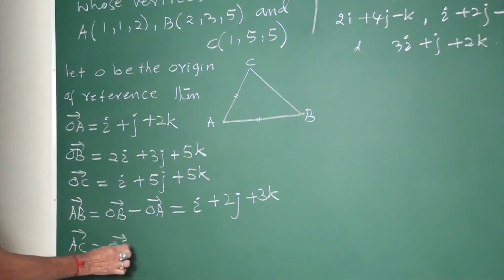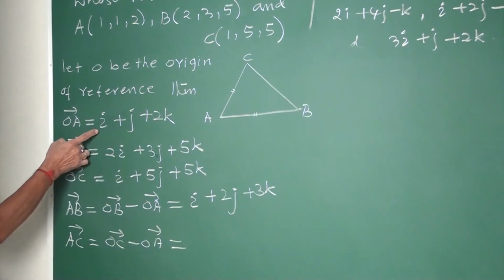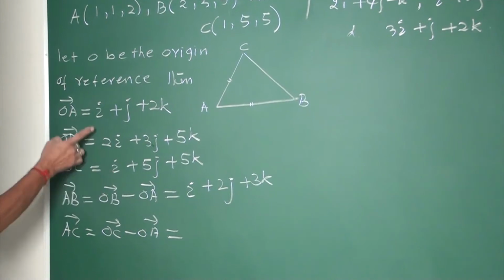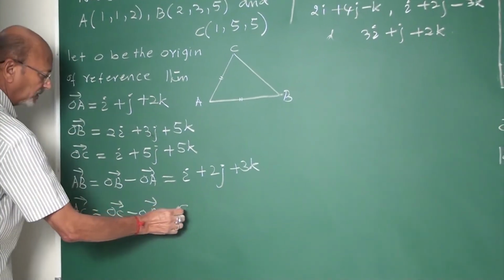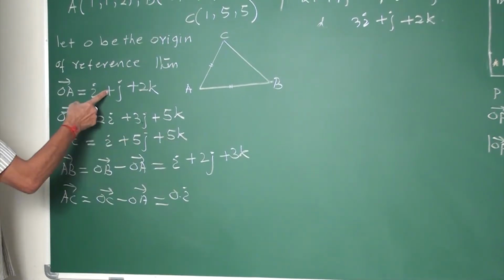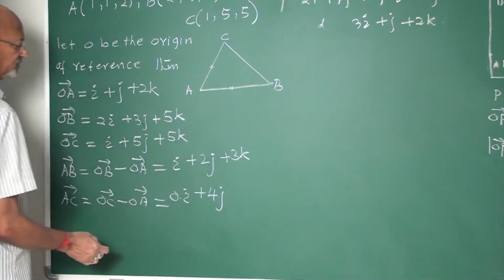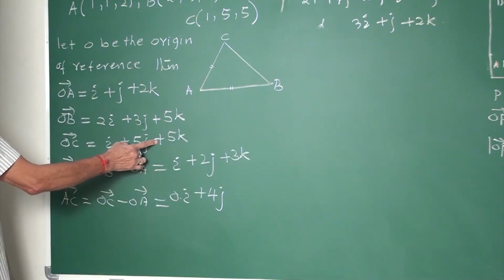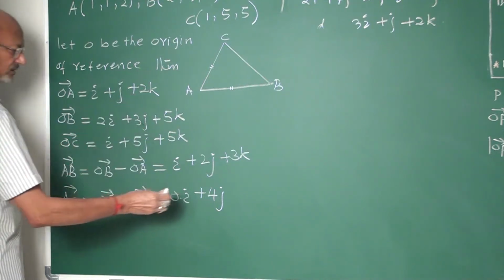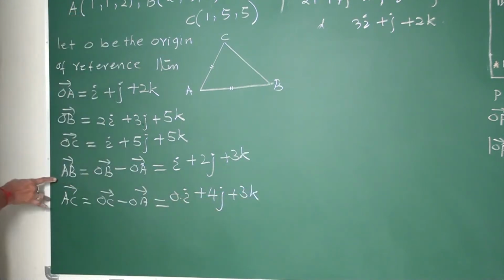Again by the result, OC minus OA: i minus i, 0 into i, plus 5 minus 1, 4j, plus 5k minus 2k, plus 3k. This is vector AB, vector AC.